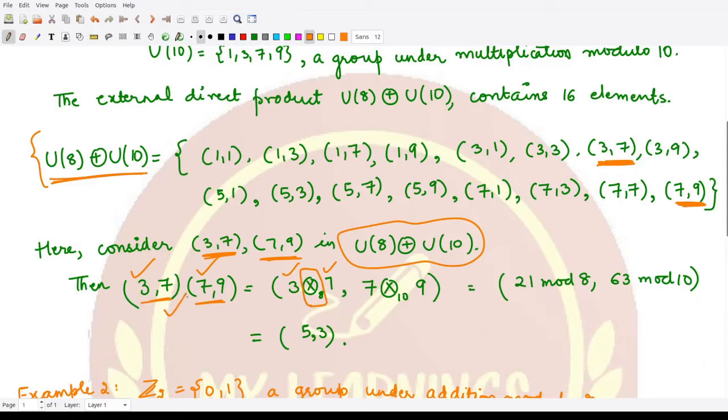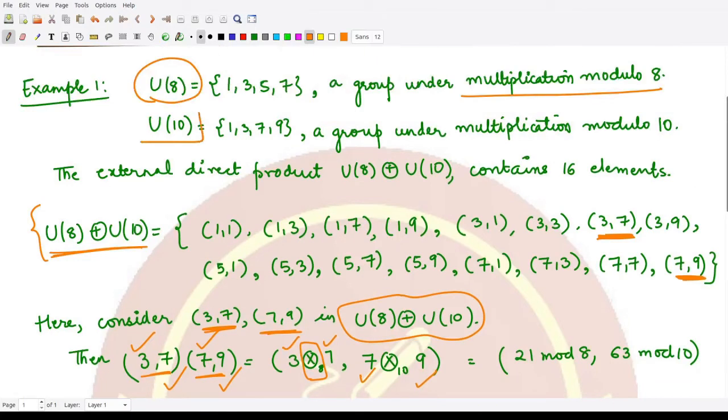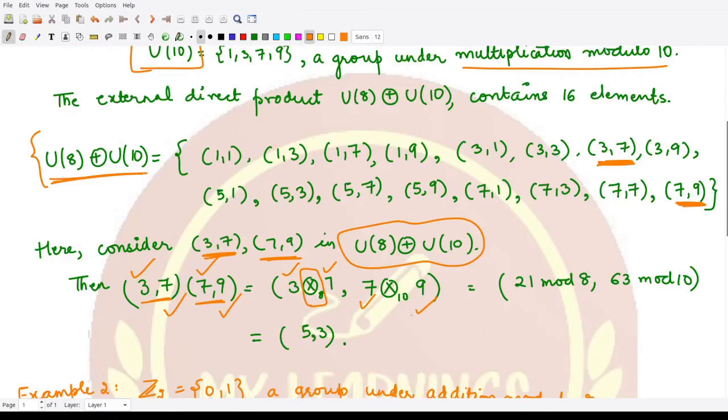And for 7 and 9, which are elements of U10, the group operation is multiplication modulo 10.